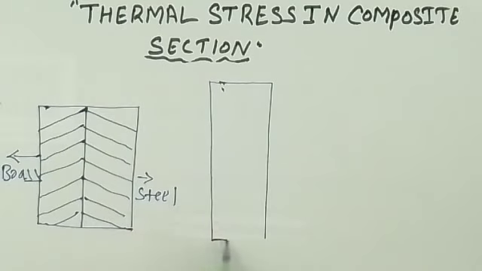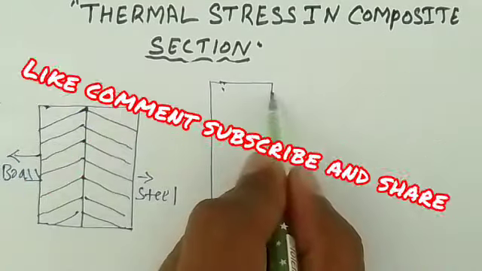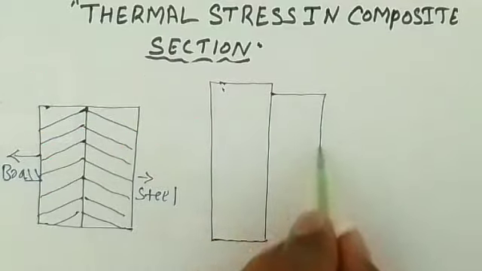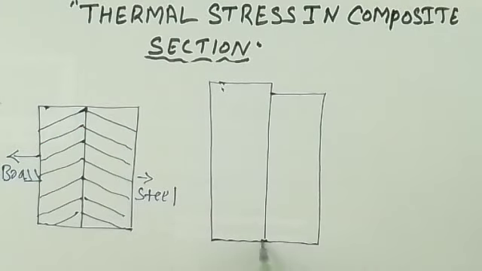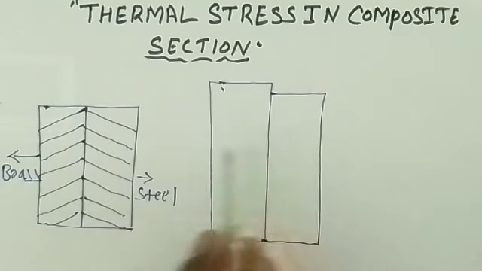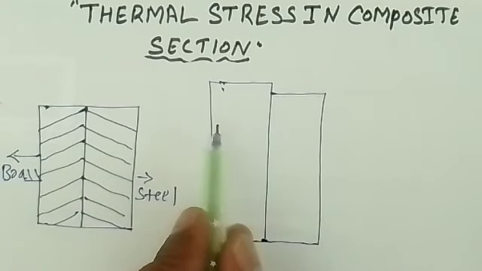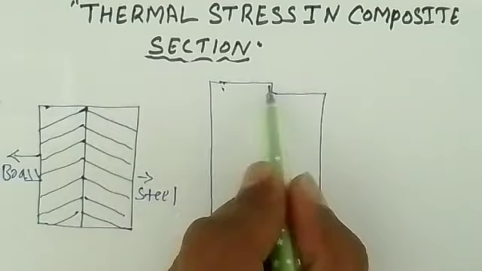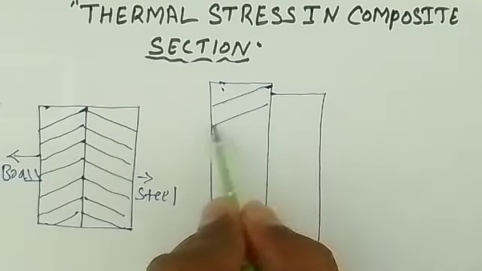So this is your brass and this is the steel. If you observe, the brass has expanded more and the steel has expanded less. Why? Because the brass has a more coefficient of linear expansion than the steel.